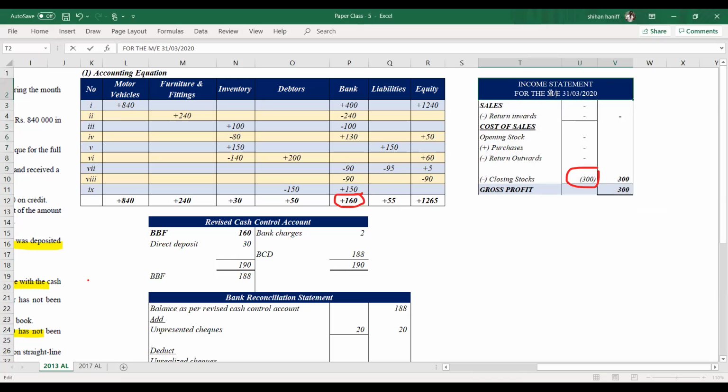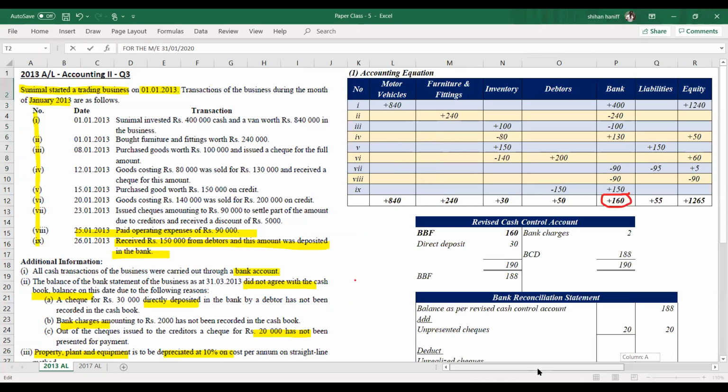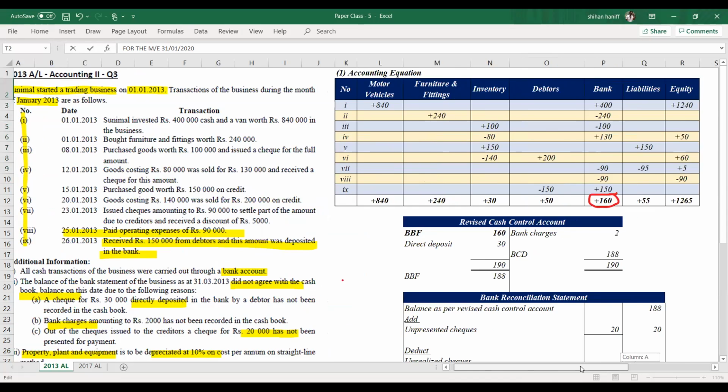Income statement for the month ended 31st January 2030.